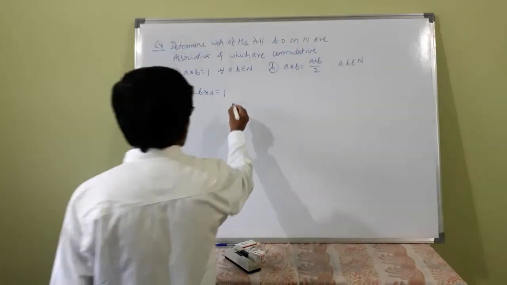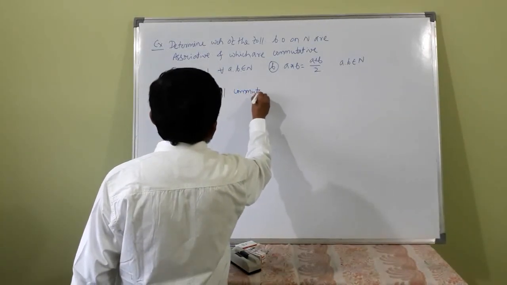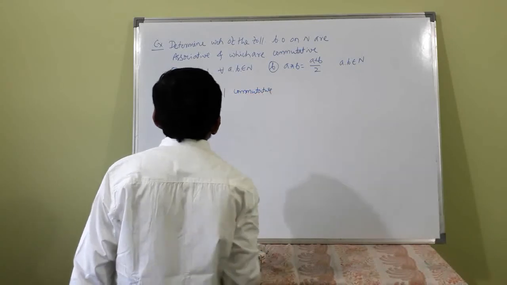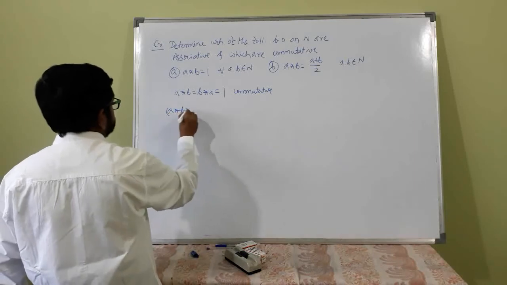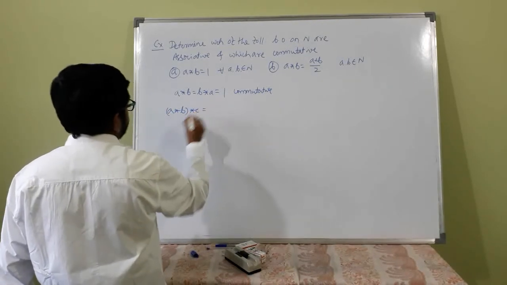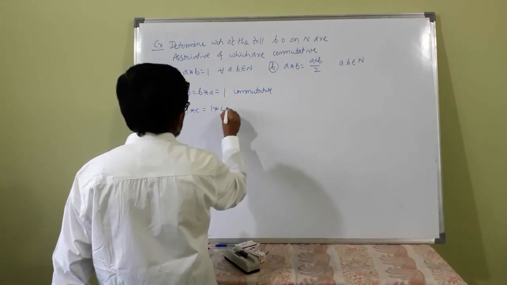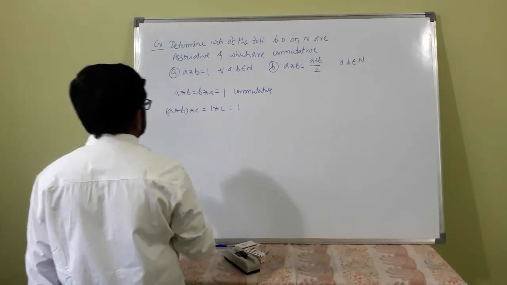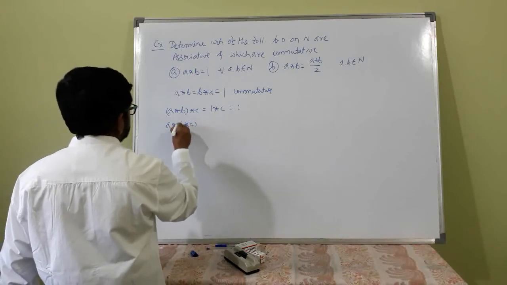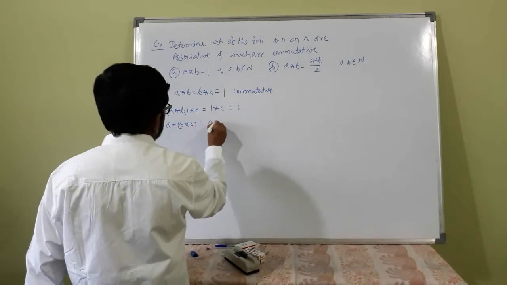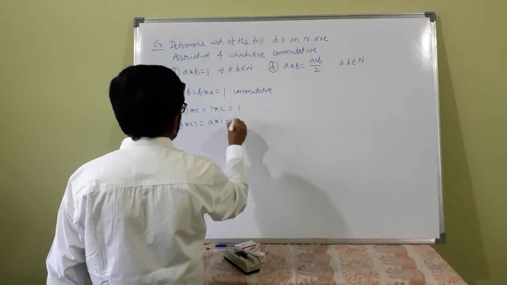So this is commutative. (a star b) star c is equal to 1 star c, which is 1, and a star (b star c) is equal to a star 1, which is 1 again.